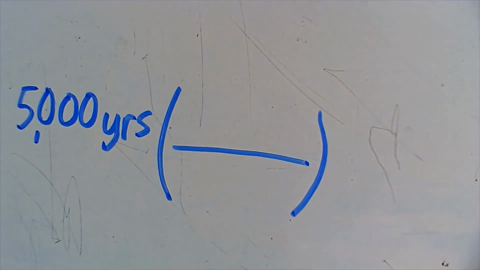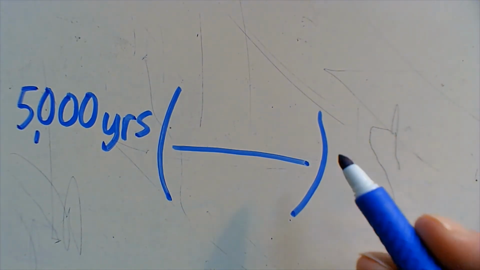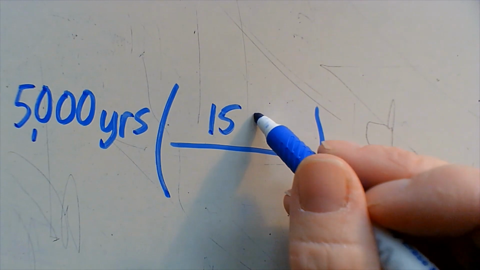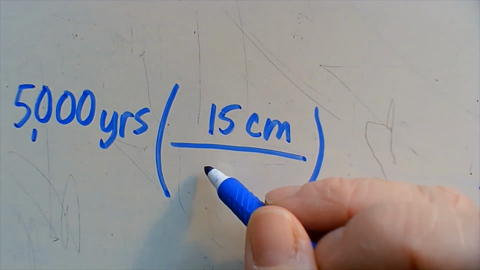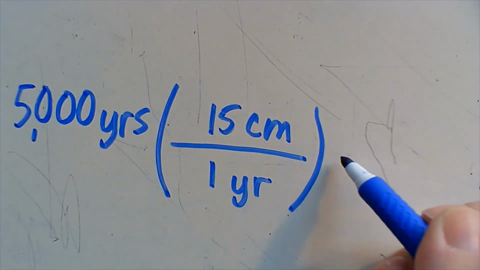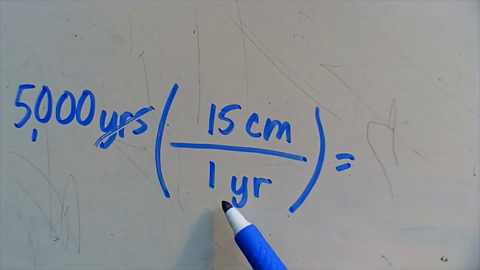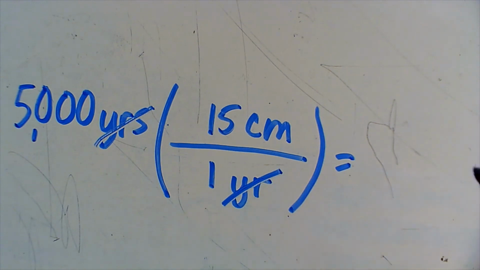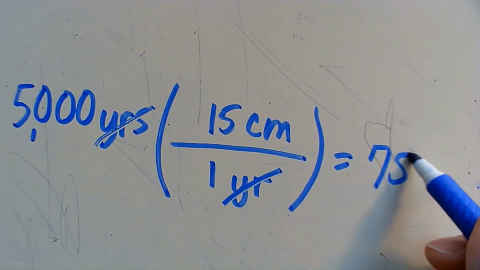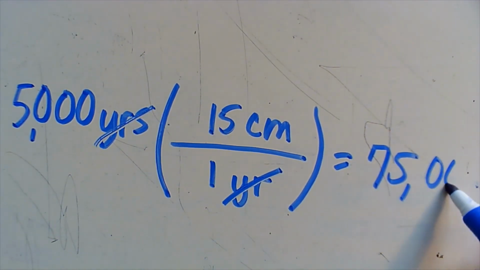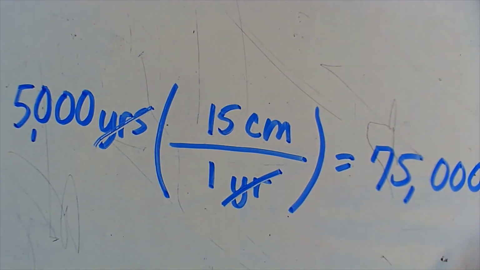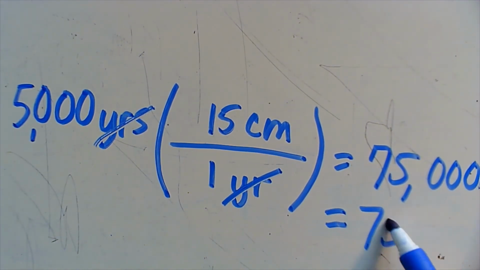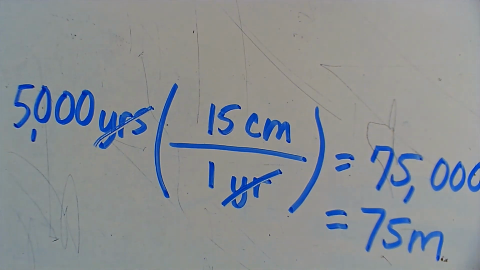And if they separate at a rate of 15 centimeters per year, for 1 year, the years will cancel each other out, and you'll multiply 5,000 times 15 to get 75,000 centimeters, which is equal to 75 meters, and that will happen in 5,000 years. And that concludes our review.